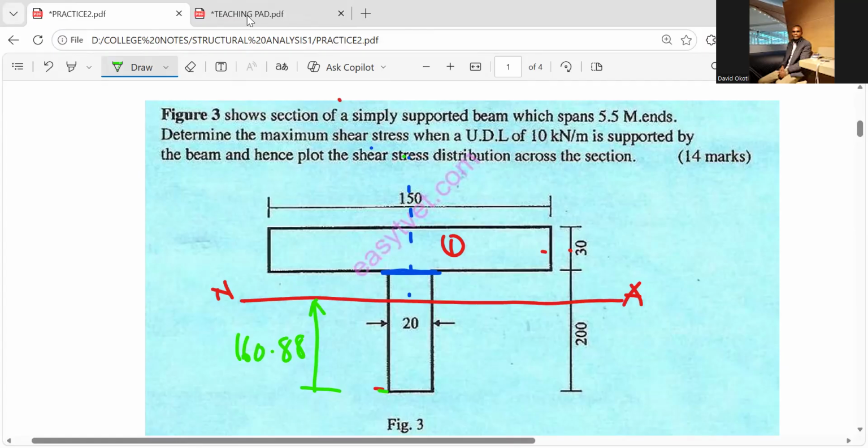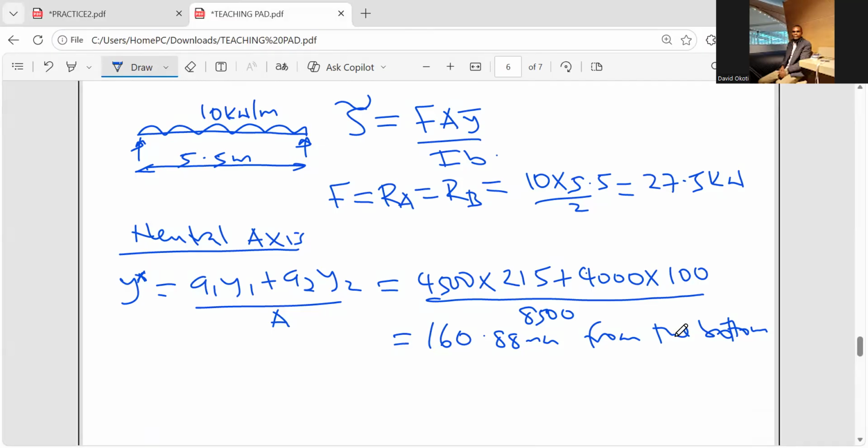That is the position of the neutral axis. Here they wanted us to determine the value of maximum shear stress. Now, maximum shear stress occurs at the neutral axis, so at the neutral axis we have the maximum shear stress.